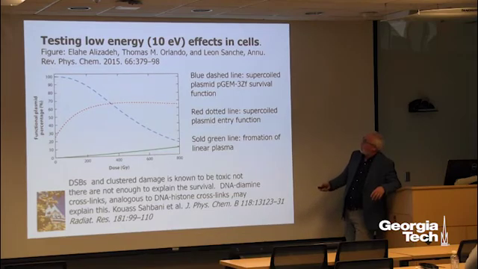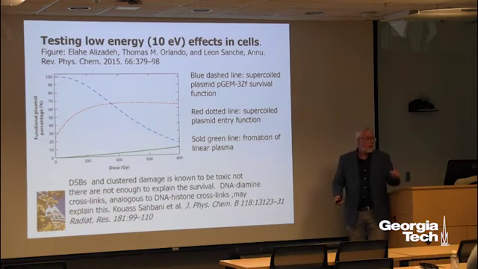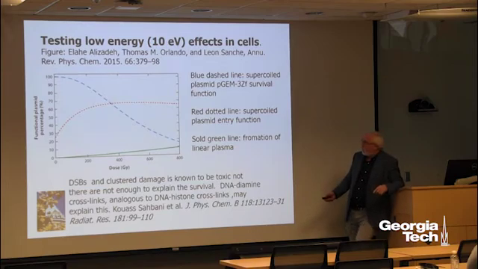You can look at the survival probability of different cells, and you can show that the DNA double strand breaks and the cluster damage doesn't really deal with explaining the effective death of cells. And it turns out that in this paper here, in JPhys Chem, there's a strong argument that says that these crosslinks, which are more subtle chemical changes, are pretty effective in causing the cell death.